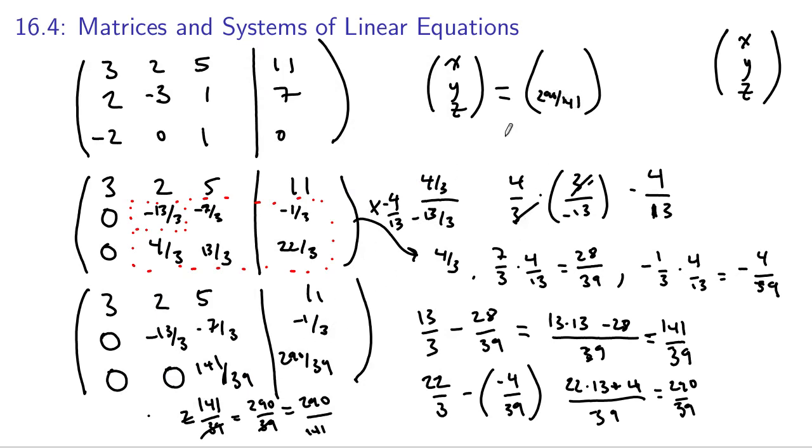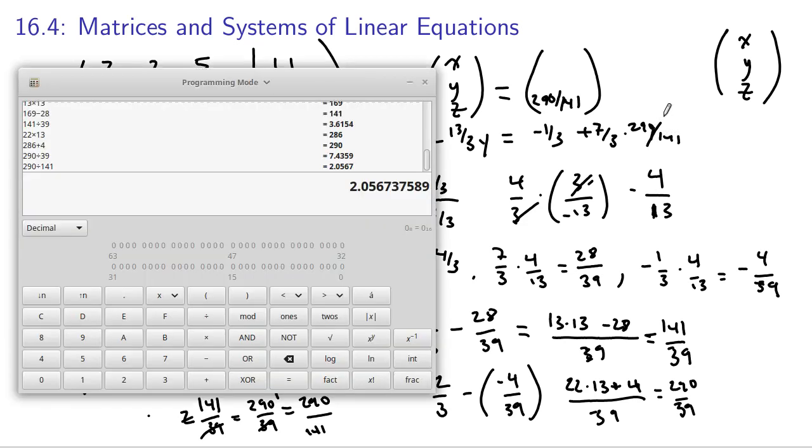Okay, and now we can take the z value, we know to multiply by negative 7/3 to try to find the y value. So the y value would be minus 13 thirds y will equal minus 1/3. I'm going to go ahead and move the 7/3 over, plus 7/3 times z, which z was 290 over 141 if we got it right. 290 times, let's do 3 times 141, 423.